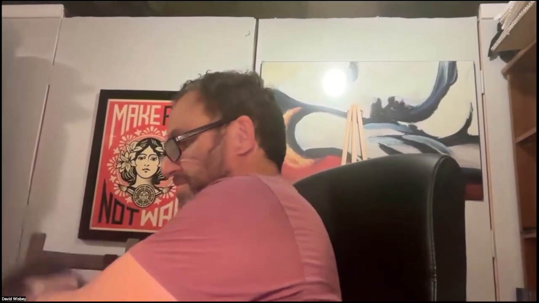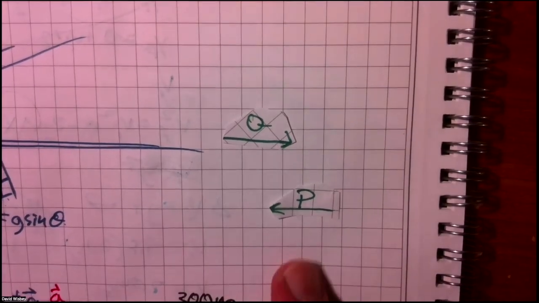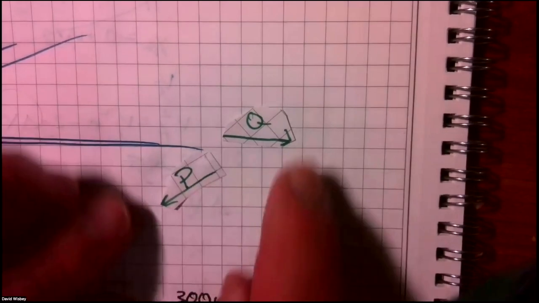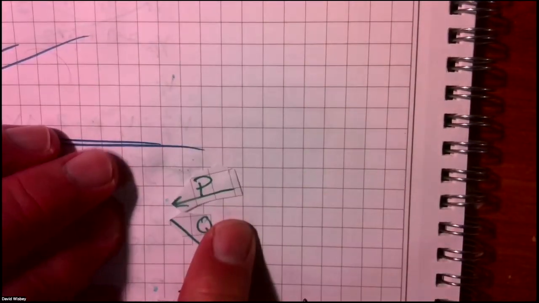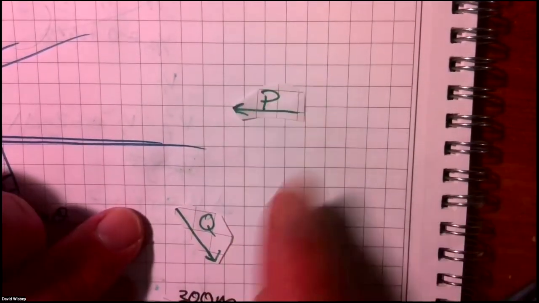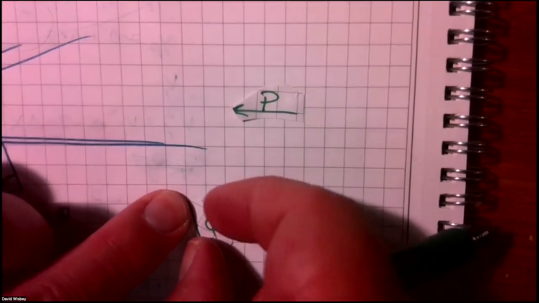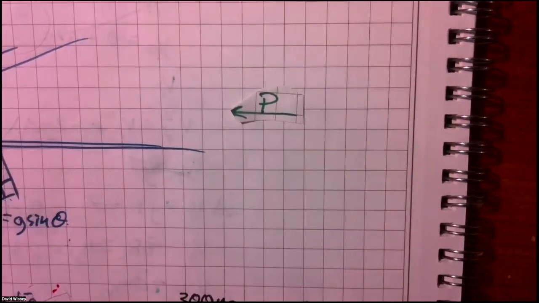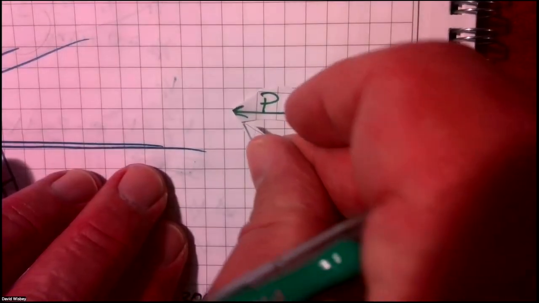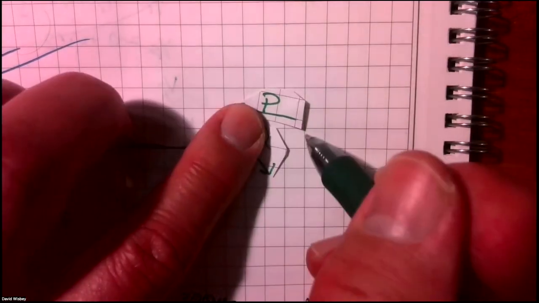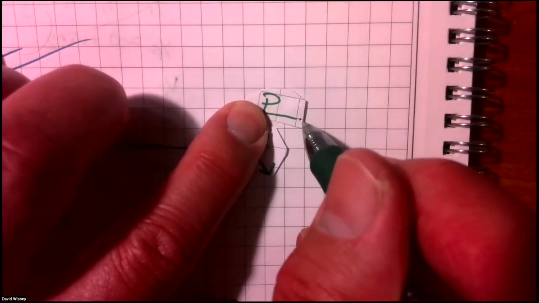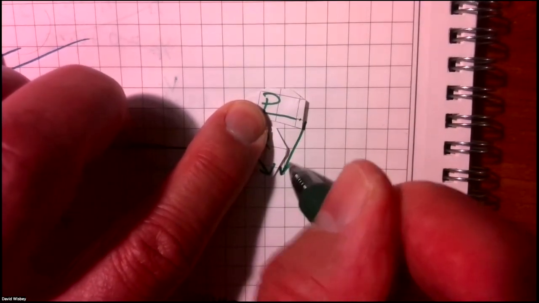Okay, I got my two vectors here, P and Q. I'm going to make it like this. I think Q was going down to the right here. Yes, there was Q. And so we can draw a vector from the end of this one over to there.